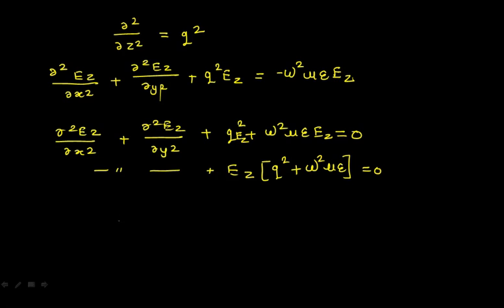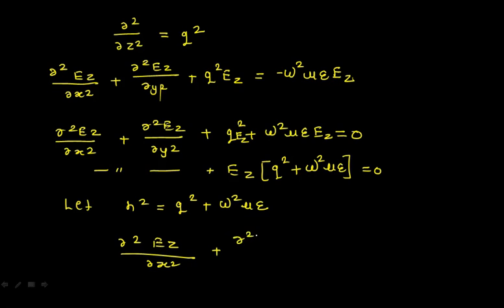Now again here you are going to define these two constants as another operator. So let h square is equal to gamma square plus omega square mu epsilon, and just put that in the equation. So d square Ez by dx square plus d square Ez by dy square plus h square Ez is equal to 0.